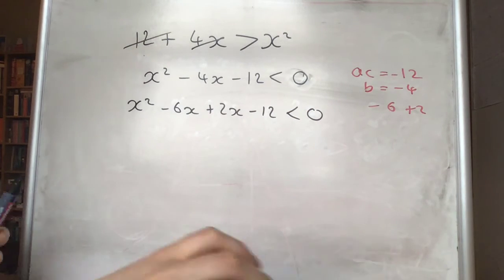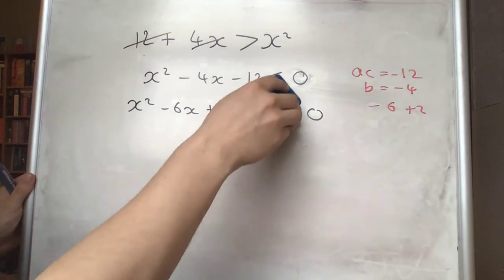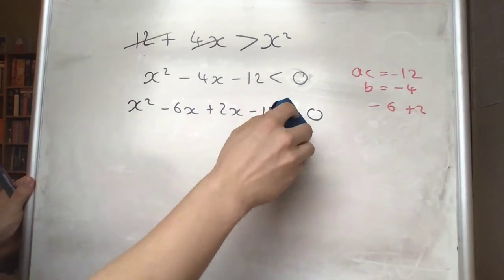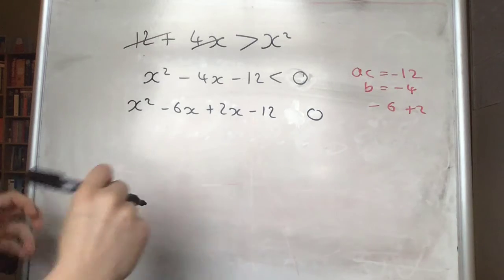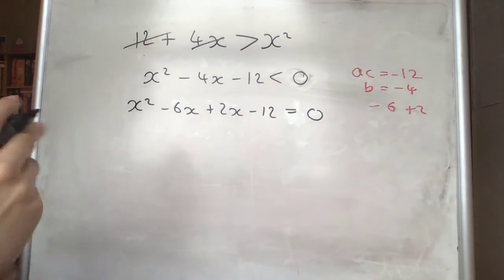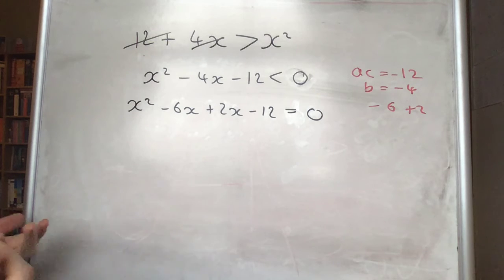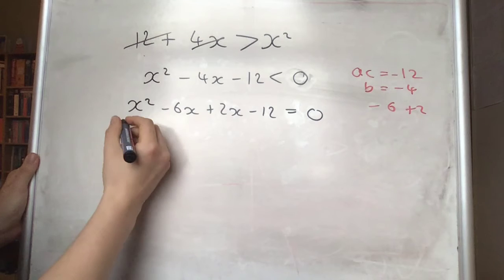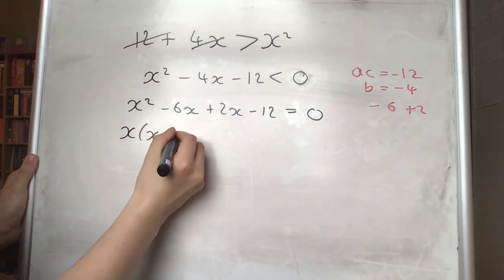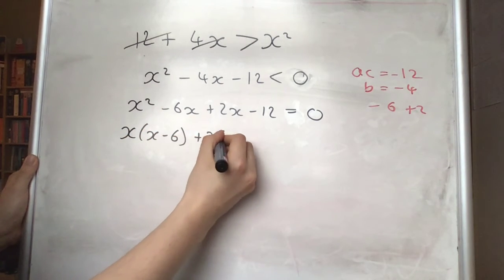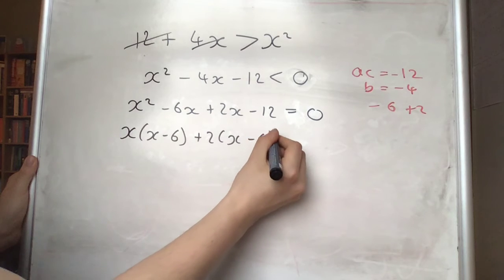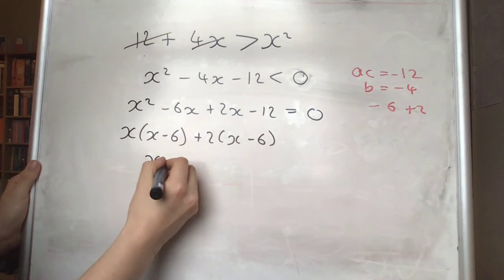And what I would probably recommend you doing here, just to make it easier, is instead of putting the inequality sign in there, just set it equal to 0, as we did in the previous example. And if we were to then solve this equation, we can have x minus 6 times x plus 2, which gives us our solution.